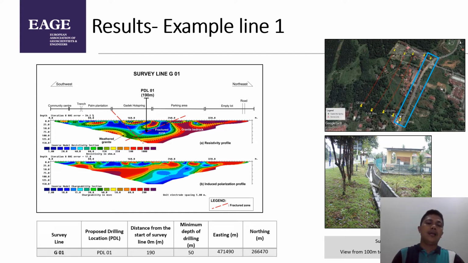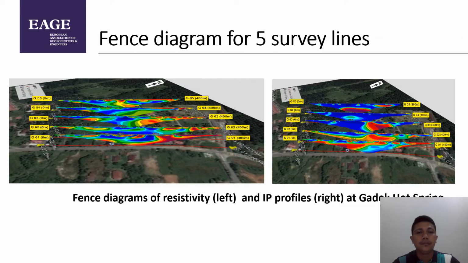At the right section is granite bedrock based on the geological map. At the site we cannot observe any outcrop of granite, except 1 kilometer toward Gadek town where we can see boulders of granite. So PDL number 1 was successfully drilled, and we got a lot of hot water here.